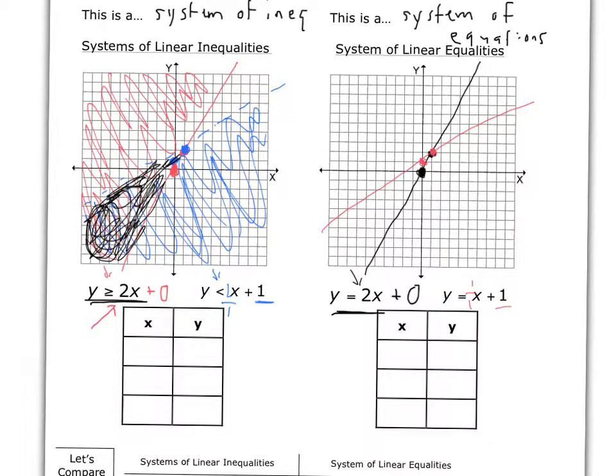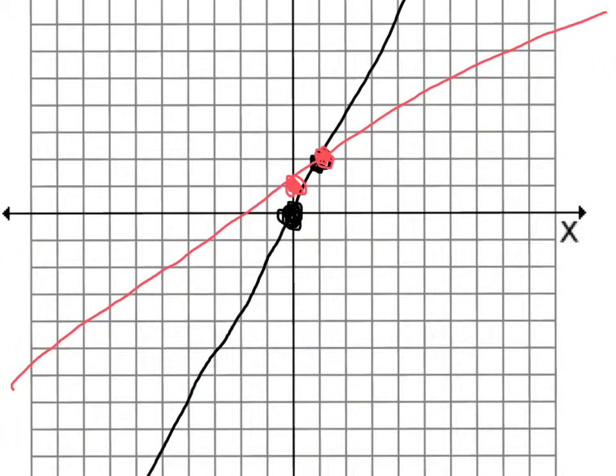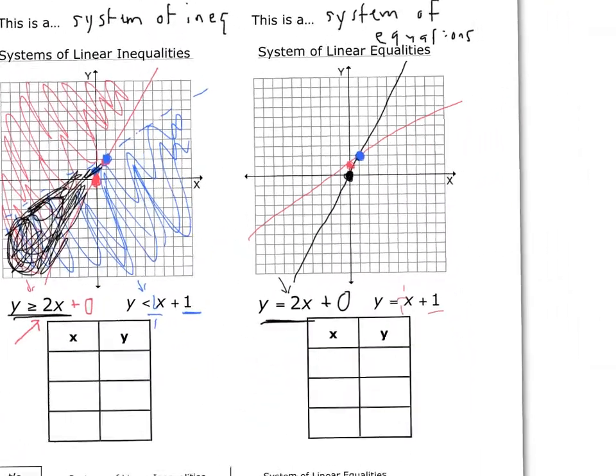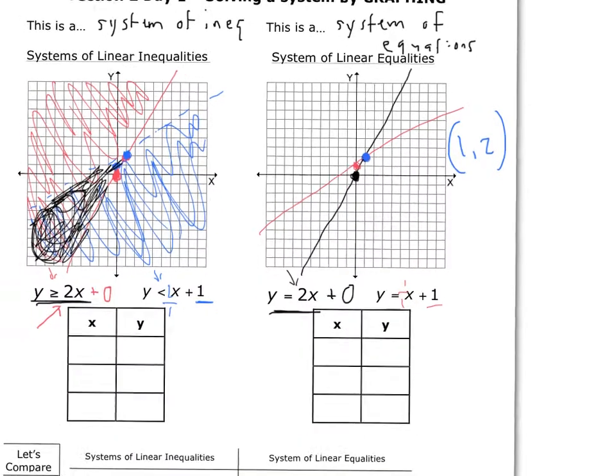With inequalities, you see where it's shaded twice. But when you're graphing a system of equations, your solution is going to be the location where the graphs intersect. So right at this blue dot at 1, 2, that would be our solution. That's the spot that we have in common.